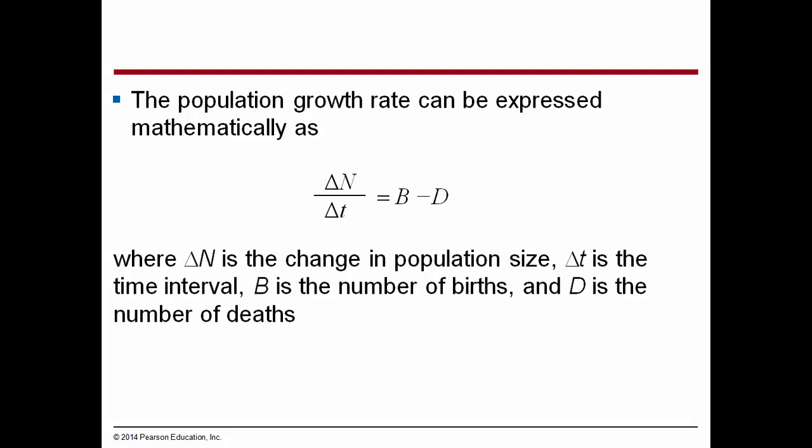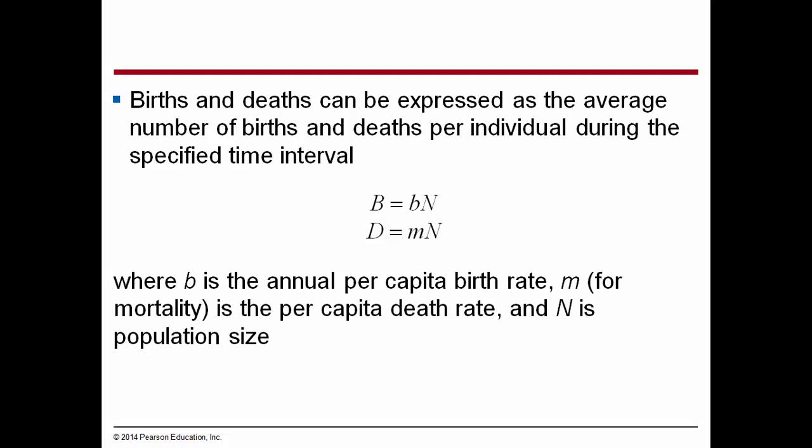A population growth rate can be expressed mathematically as delta N over delta T equals B minus D, where delta N is the change in population size, delta T is the time interval, B is the number of births, and D is the number of deaths. Births and deaths can be expressed as an average number of births and deaths per individual during the specified time interval.